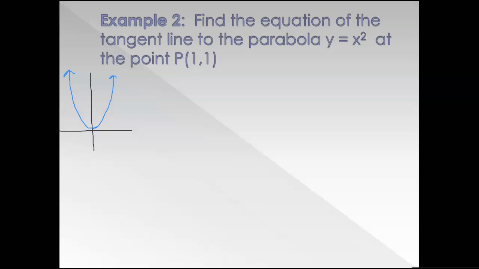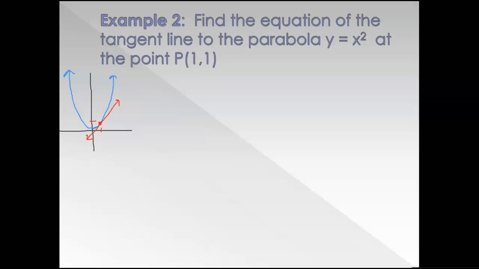So if I'm finding the equation of the tangent line to a parabola at the point 1, 1, I'm looking for basically this red line right here. We are trying to find the equation of that red line.